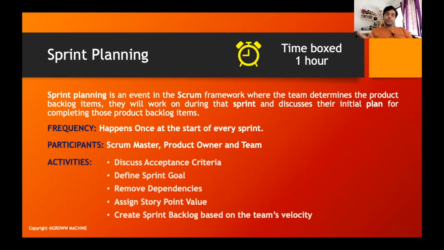We define the sprint goal as well, where we define what is the actual target that we are aiming for once the sprint is done. The sprint might be a 2-week sprint or a 4-week sprint, so depending on that, we decide what goal we want to achieve as part of the sprint. We work on removing dependencies.